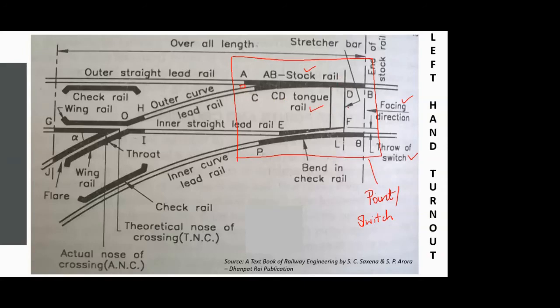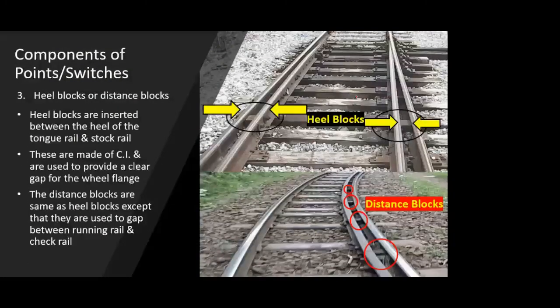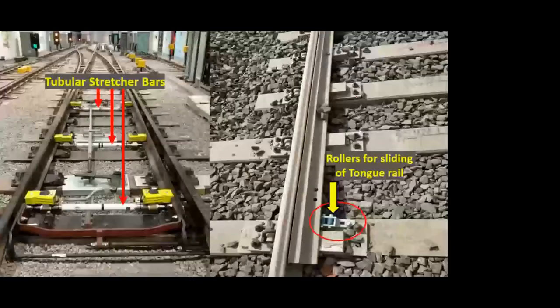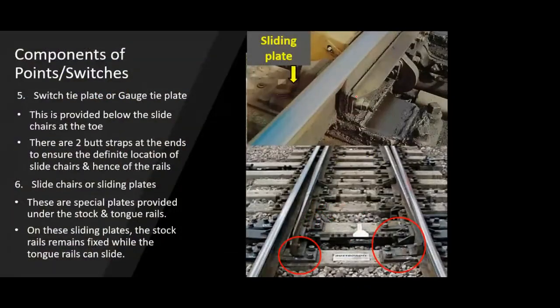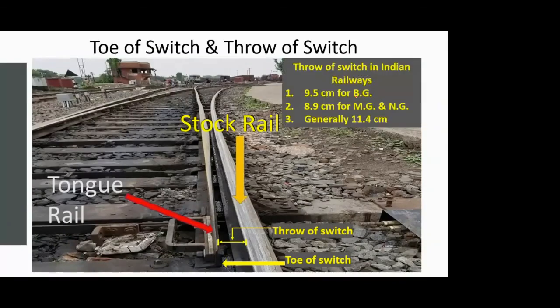They have shown here the stretcher bar DF, which is at the toe of the switch, and then it is allowing the movement. So all these components now we are very well aware of: stock rail, tongue rail, heel block, distance block, stretcher bars, different types, the slide chair or sliding plates, gauge type plate, the heel of the switch, the toe of the switch, the throw of the switch.